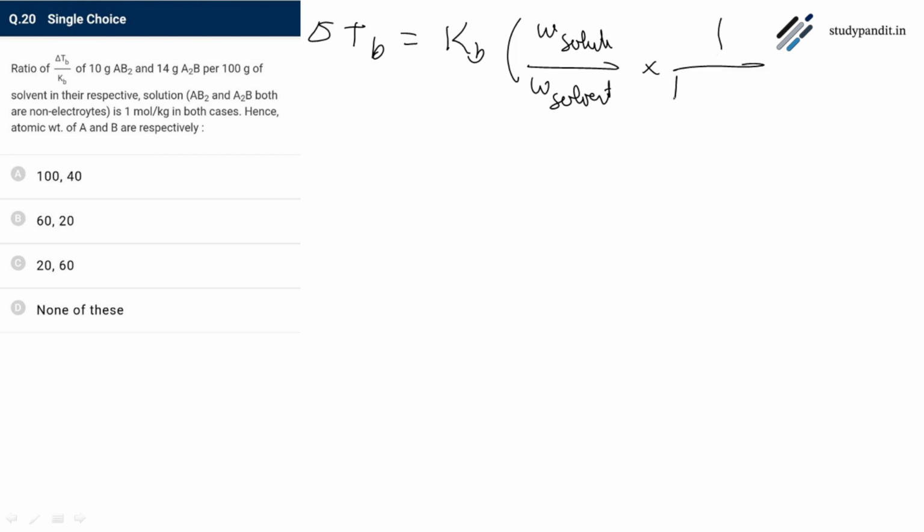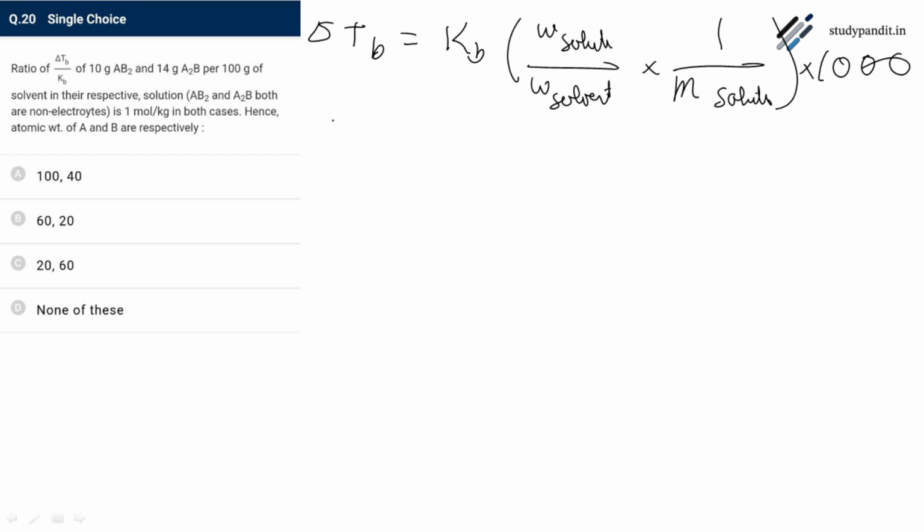So, we all know delta Tb is equal to Kb into weight of solute upon weight of solvent into 1 upon mass of solute into 1000.